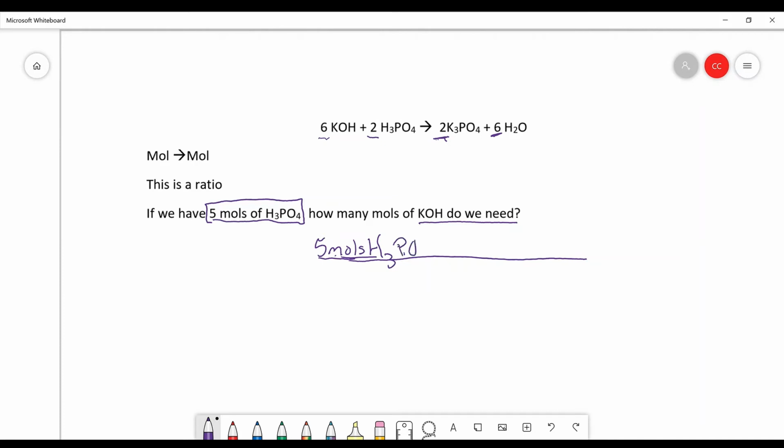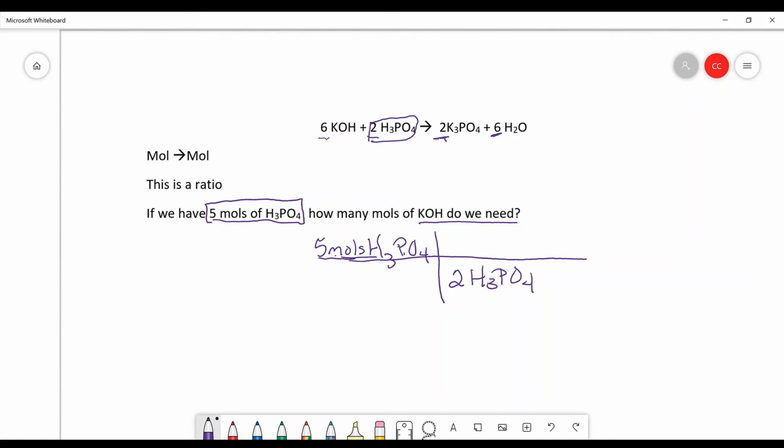Okay, so now we're going to use the moles from the equation. We have moles of H3PO4 as our given, so in order for them to cancel, we need moles of H3PO4 at the bottom. So in this case, we have 2 moles of H3PO4.